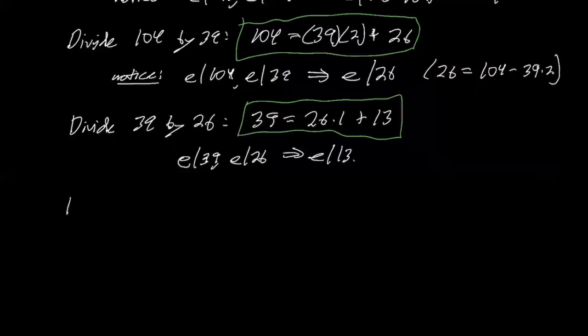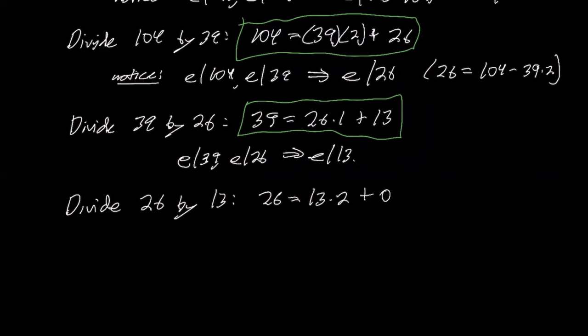Here's where something interesting happens. 26 is 13 times 2 plus 0, no remainder. So this leads us to saying that our common divisors are divisors of 13.